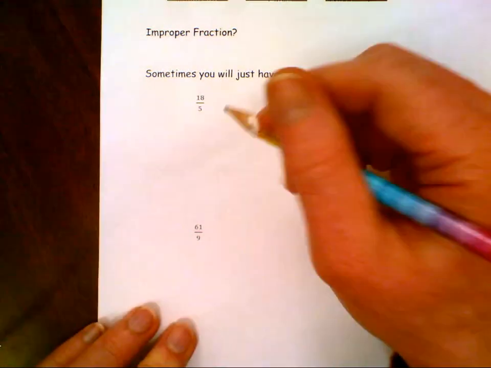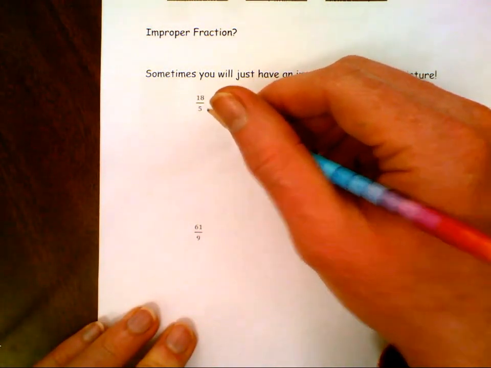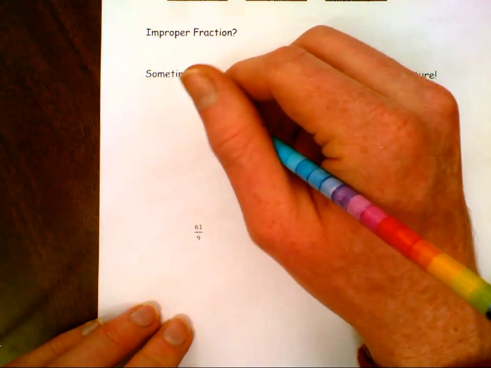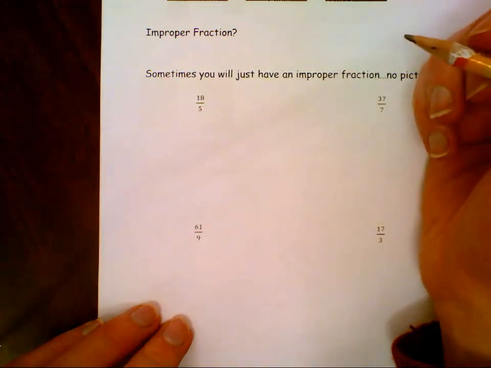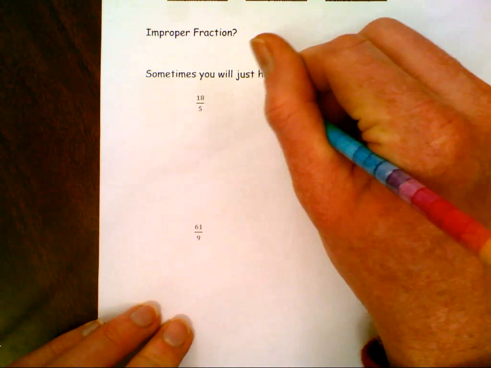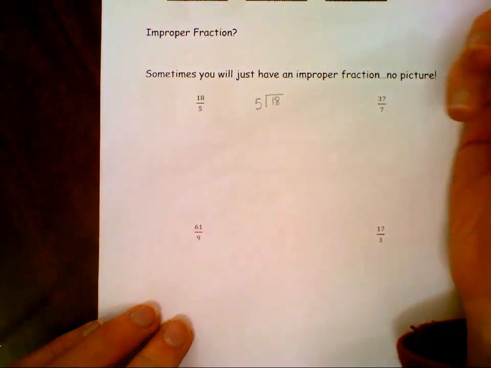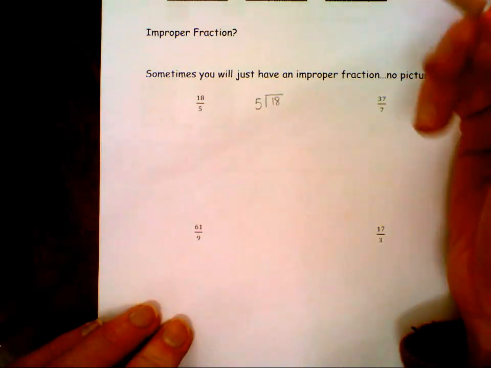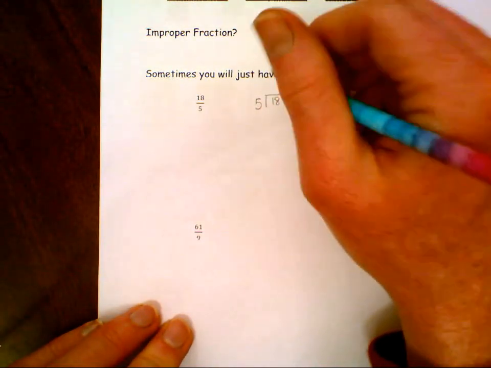Here we have 18/5. In this case, I'm going to do the opposite of what I did before. I'm going to now divide 18 by 5. Now in this case, I'm not going to get very far without knowing my multiplication facts. I know that 5 does not go into 1.